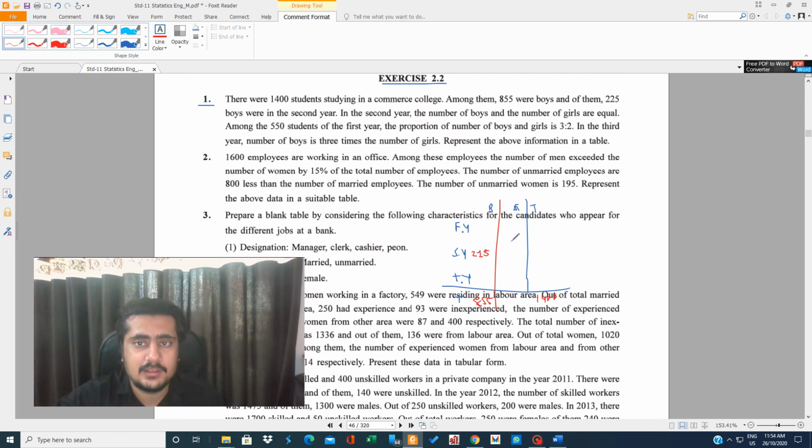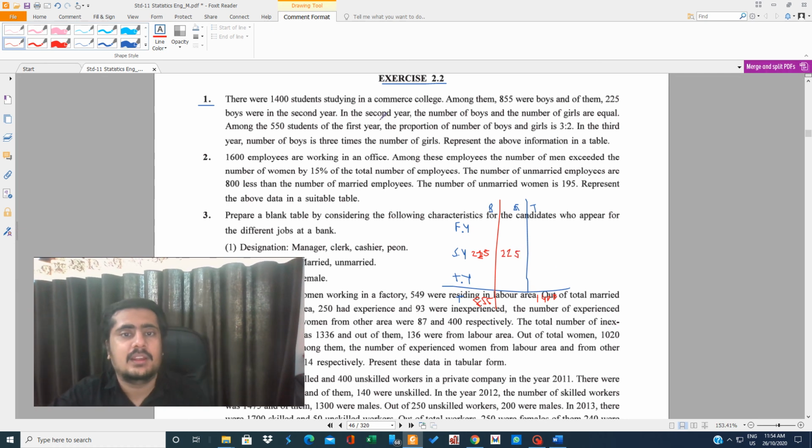So 855 are boys and of them 225 in the second year. In second year, boys and girls are equal, so if this is 225, this must be 225.